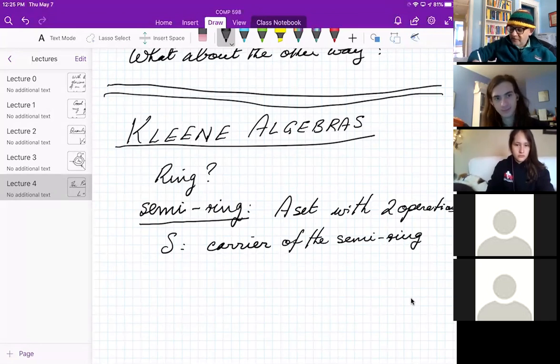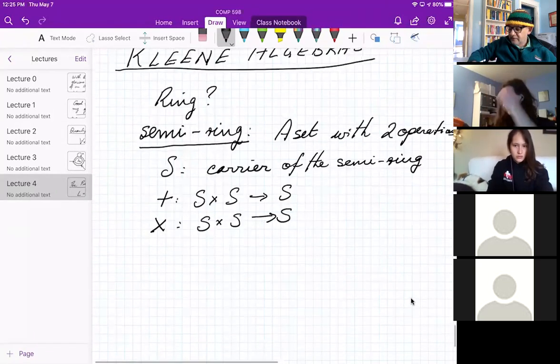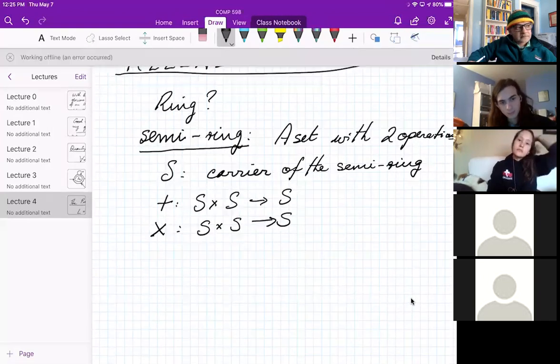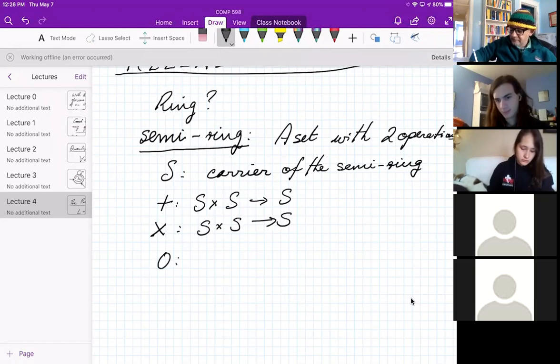And then the two operations are typically written plus, so it's a binary operation, and times, which is also a binary operation. And two constants called zero, that's an element of the semi-ring, and one, written as 1.